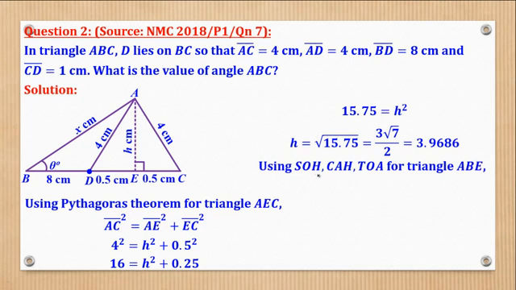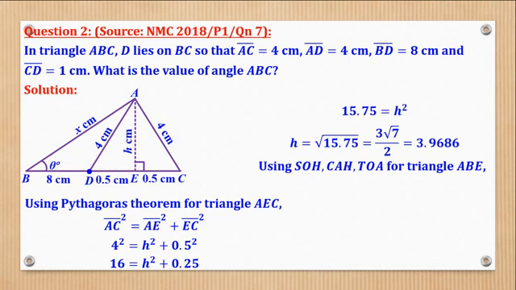Then using SOHCAHTOA for triangle ABE, this angle is theta, so we have this H, which is opposite, and this is adjacent.